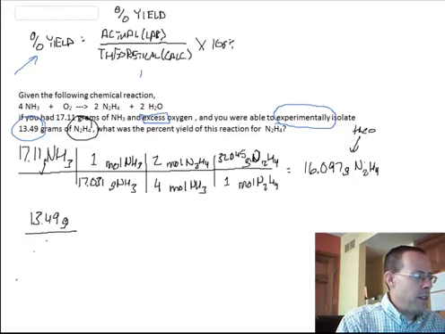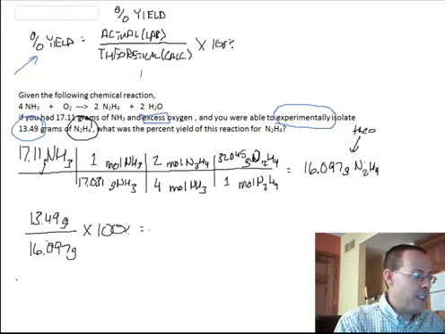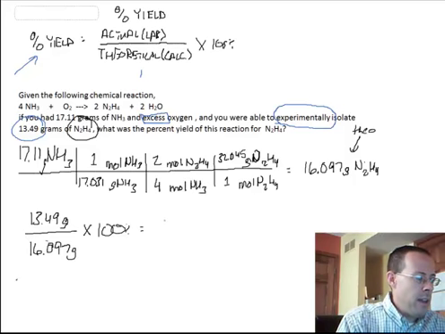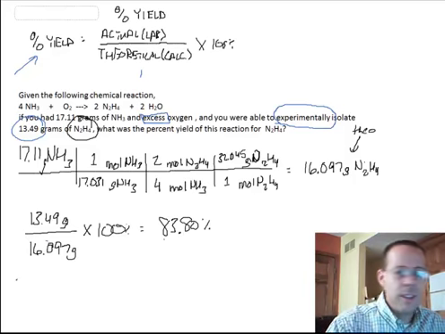So that's actual, and theoretical is what we calculate, which happens to be 16.097 grams. Notice grams divided by grams, our units go away, and we're going to get some decimal number, but we're going to multiply it by 100% to make it a percentage. We find out that this percent yield, if we actually got 13.49 grams, is 83.80%.